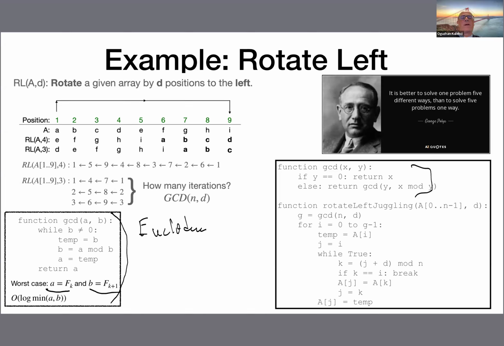So if those two guys are two consecutive Fibonacci numbers, then the Euclidean GCD will have the maximum number of iterations. At each iteration, the resulting number will be less than the previous one by at least 1 bit position.